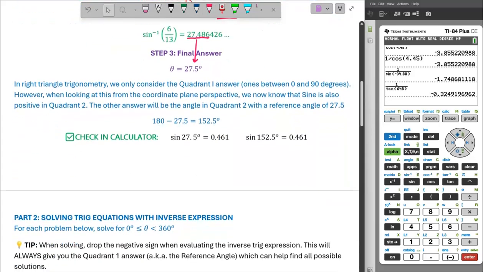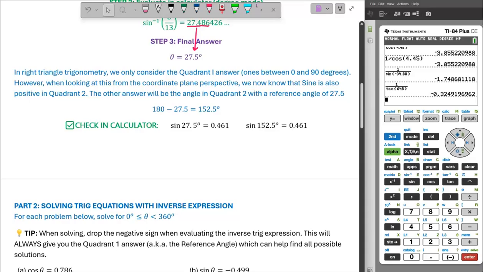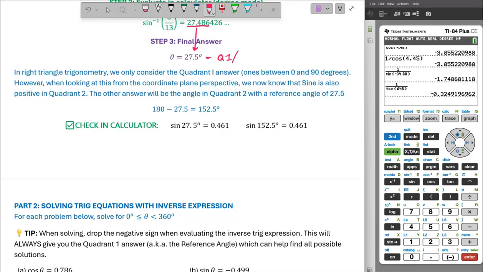And so down here, the last part of this review is telling me that since I've acknowledged that, this 27.5 is my quadrant 1 answer, but this is also simultaneously going to be my reference angle. And that reference angle is going to allow me to find my quadrant 2 answer by doing 180 minus 27.5. And if you were to actually put sine of 27.5 in your calculator and then sine of 152.5, you will see that you get the exact same ratio both times.